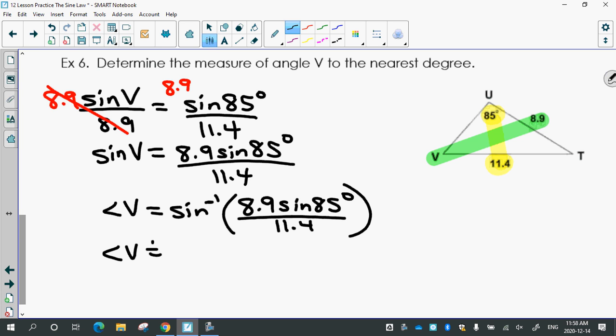Make sure you type it in the calculator the way that works on your calculator. 51 degrees I got, to the nearest degree. Yes? Awesome. All right, excellent. So we've learned how to use it to find sides before lunch, angles after, and now we're probably mixing it up.